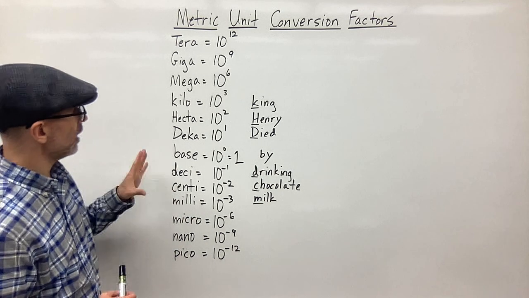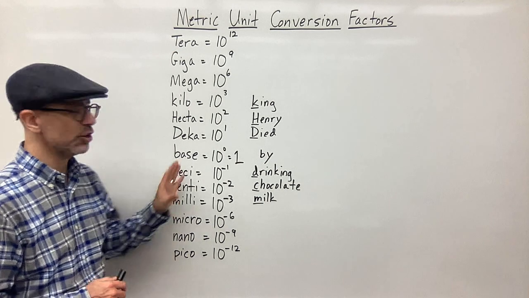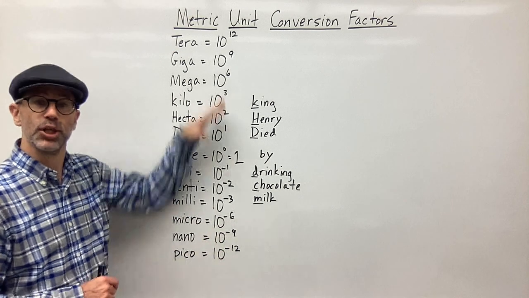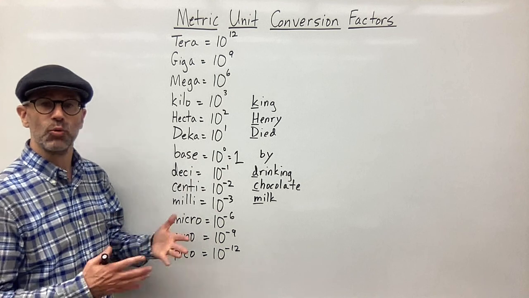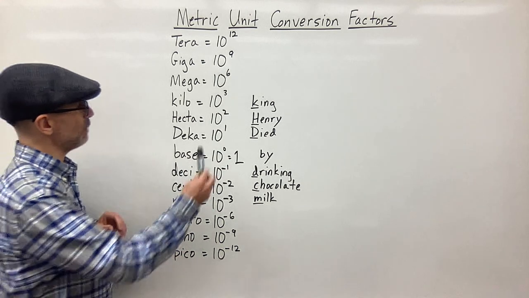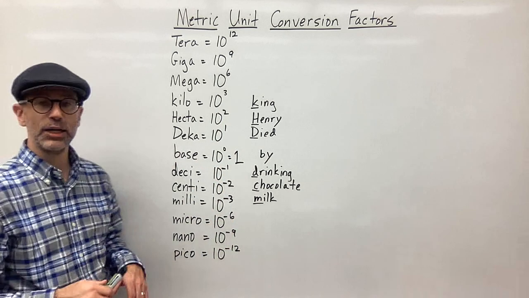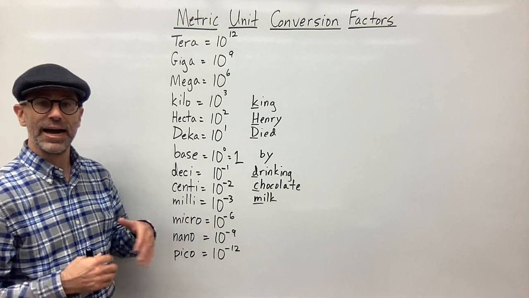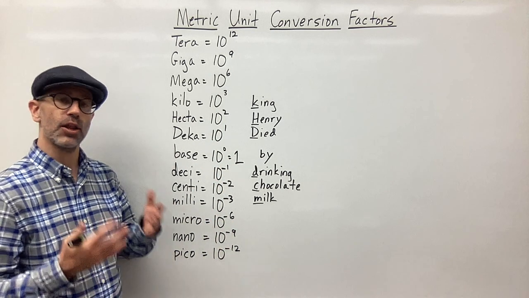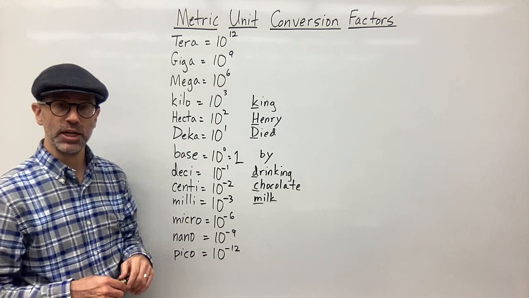So, you need to know the relationships here, and you need to remember the ordering of this. And one way is to notice a pattern. With the exception of the middle part here, they increase or decrease by 1,000, or in other words, the exponent increases or decreases by 3.